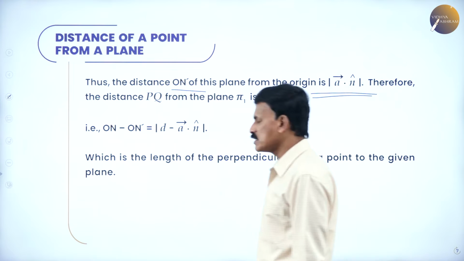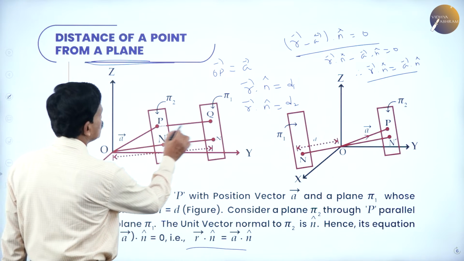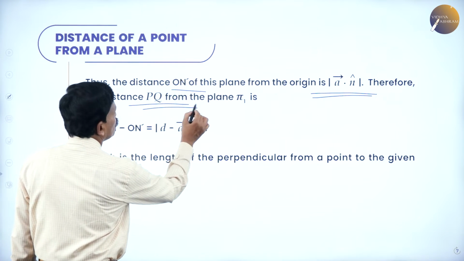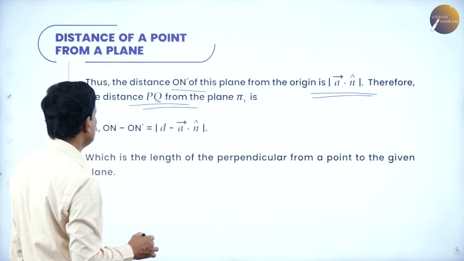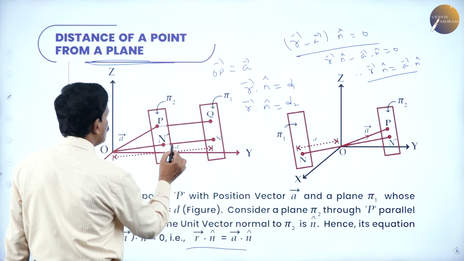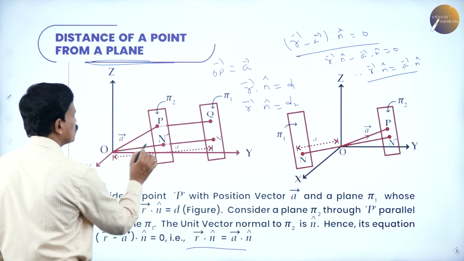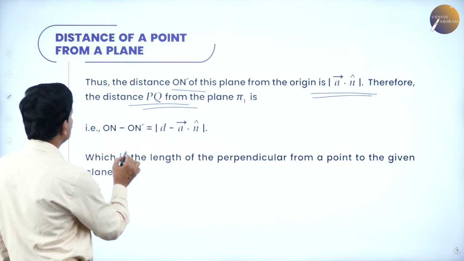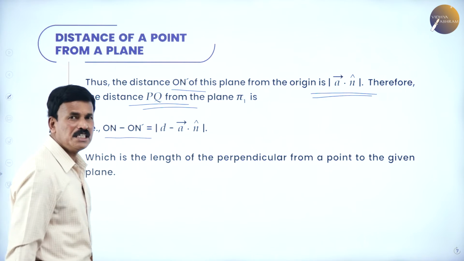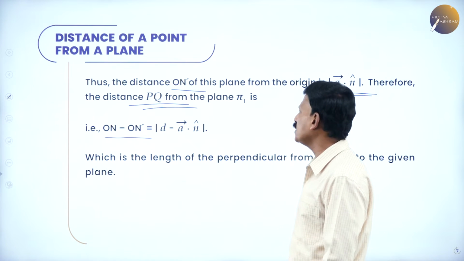Therefore the distance PQ from the plane pi 1 is given by ON minus ON dash, this total distance minus this distance. That is D minus vector A dot n cap.